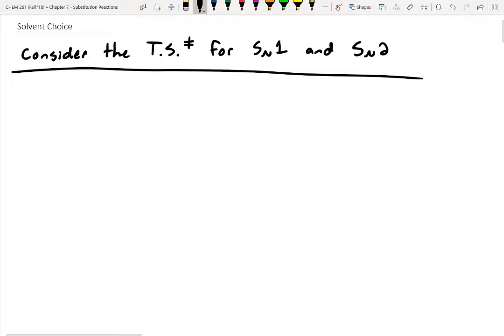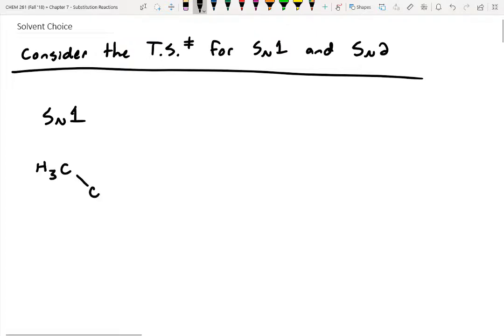All right, so let's consider this part. The transition state for SN1 involves what bond being made or broken? What does it look like? What's the rate limiting step? Leaving group falling off. All right, so if we consider it for SN1, we might have something that looks like this.